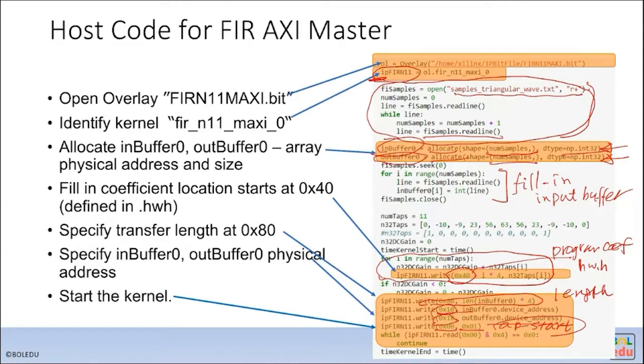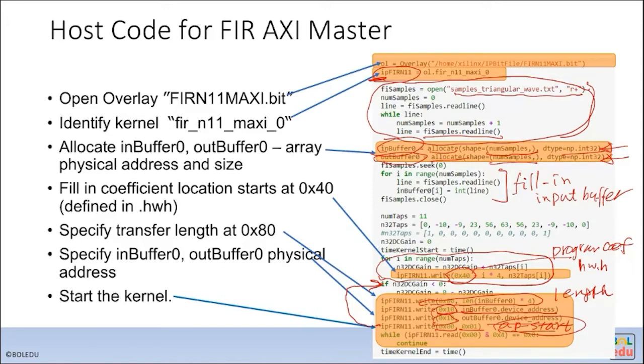Before that, you have to program all the necessary configuration. For example, if you program the AP start before you program the input buffer address, you will run into trouble, right? Because once you start AP start, it starts fetching data from system memory.